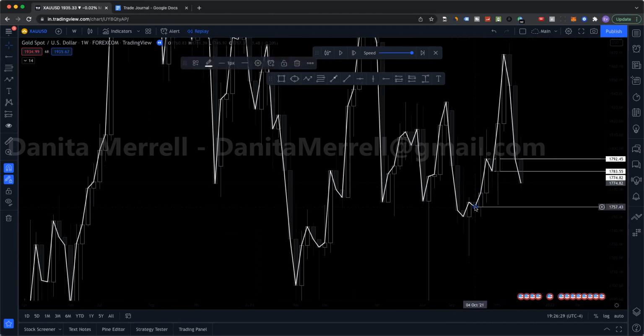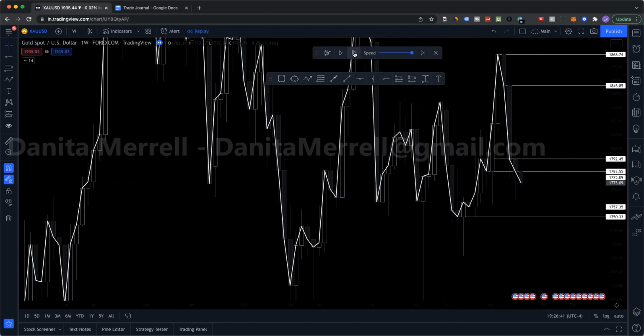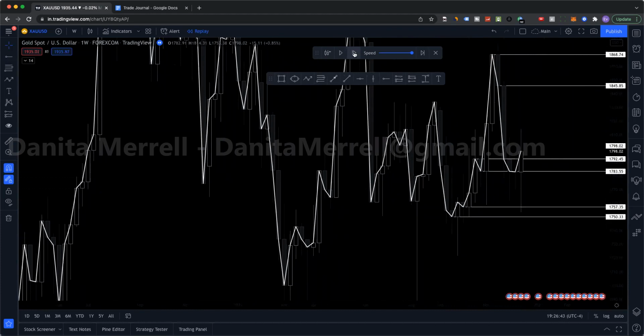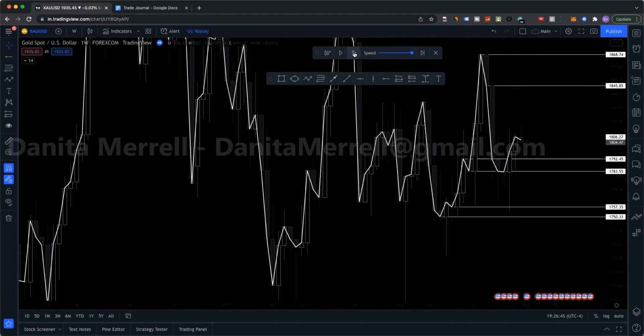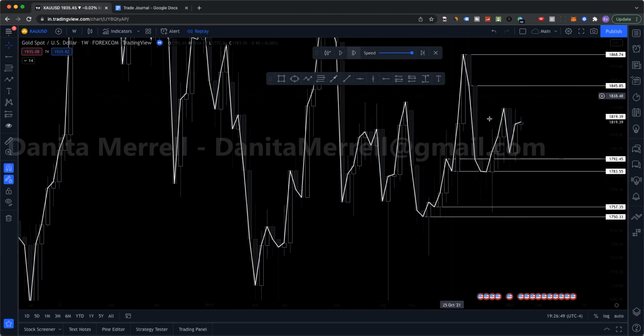So we have this area, and we also have this area. And then we have newfound resistance levels. Just watch how price moves. See how we have resistance forming, support forming. It's going to move between prices. See that? Now it broke, creating new support and resistance.